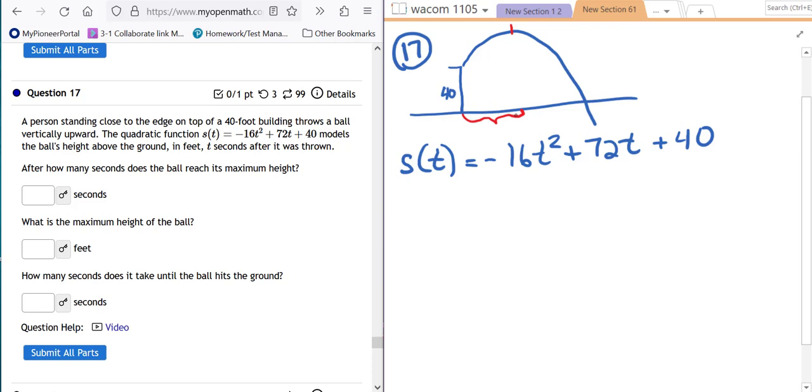Yes, how long it takes to get there. This will be the maximum height. This will be how long it takes to get there. So we need to know the vertex to answer after how many seconds it takes to reach the maximum height. This gets us to the x-coordinate of the vertex, this piece. So this first question is the x-coordinate of the vertex.